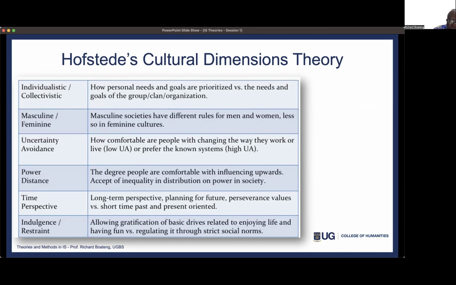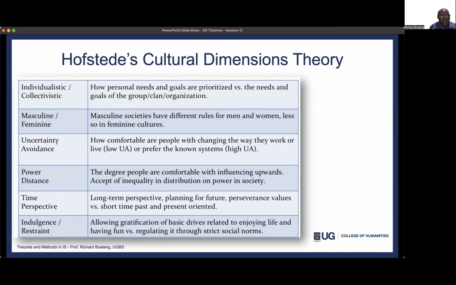Masculine societies have different rules for men and women, less so in feminine cultures. Uncertainty avoidance: how comfortable are people with changing the way they work or live, or do they prefer a known system? High uncertainty avoidance means a high risk, and low uncertainty avoidance means lower risk.